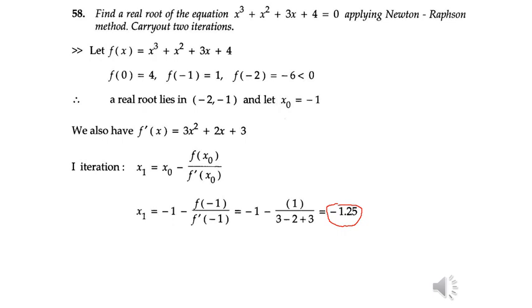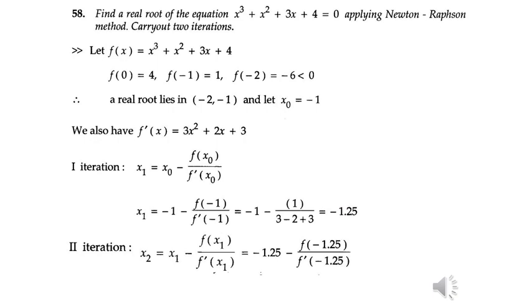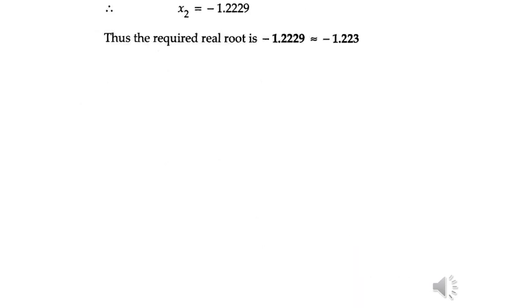Then we find x2 because they are asking us to carry out two iterations. So when you substitute the value of x1 in this formula and simplify, you will get the answer as -1.2229.